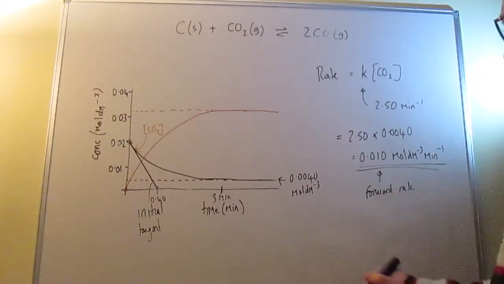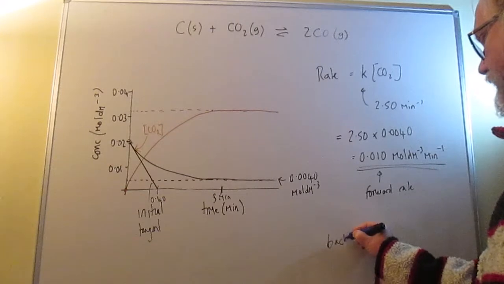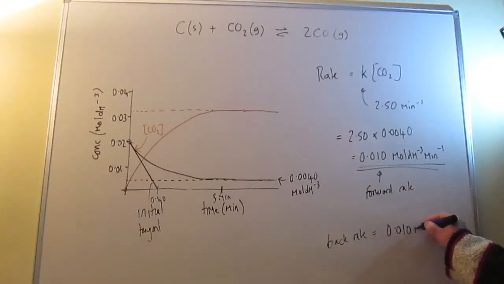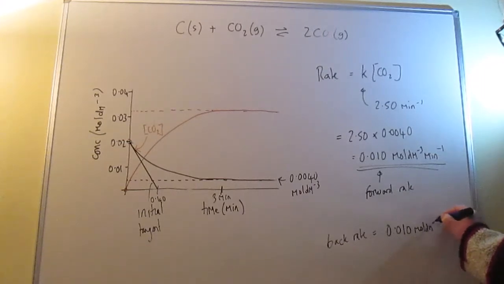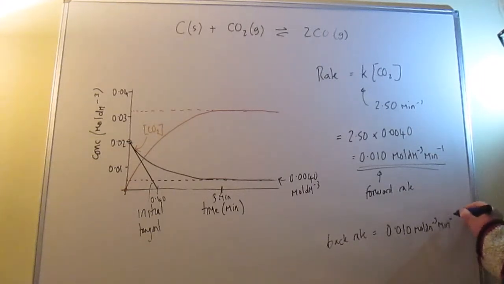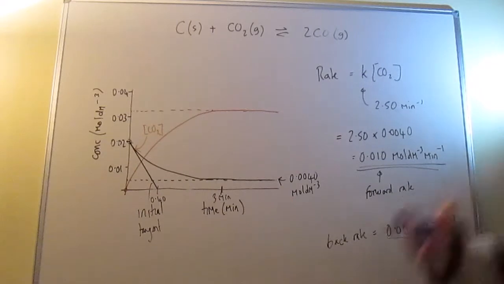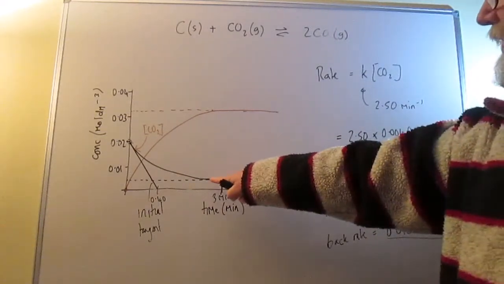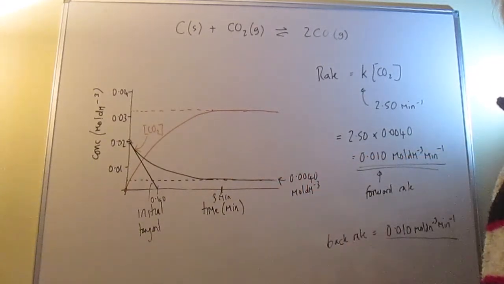And so the answer to part 4 is that the backward rate is the same. Okay, is also 0.010 moles per dm cubed per minute. Because if those two rates are exactly balanced, that's what dynamic equilibrium is all about. So if those two rates are the same, that's why the concentration doesn't change, which is what you observe.